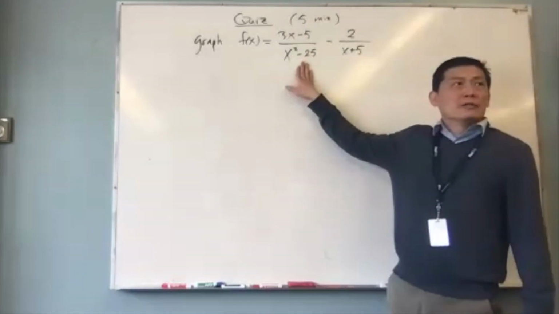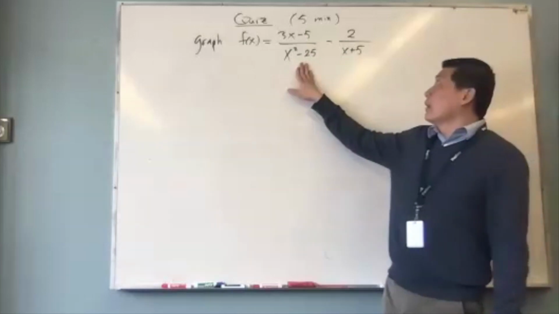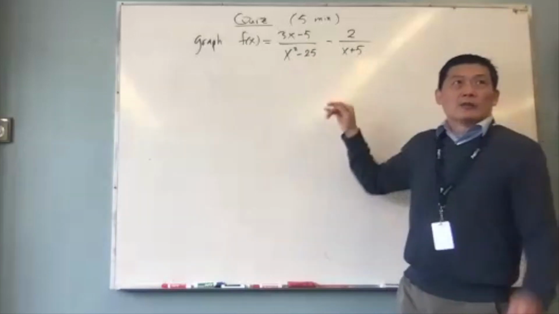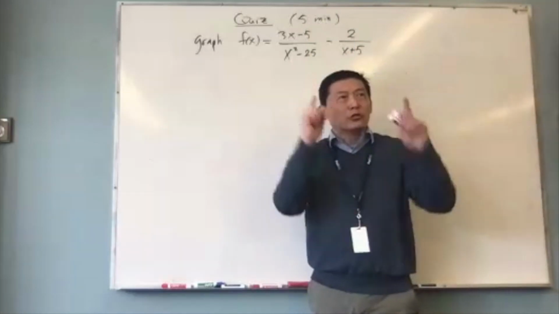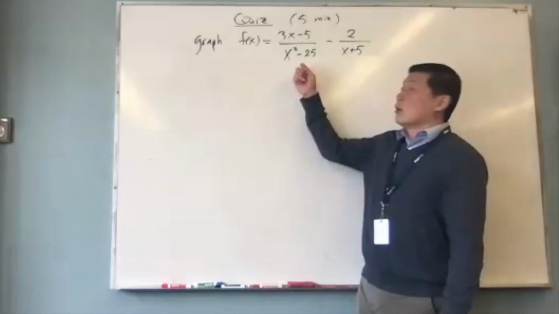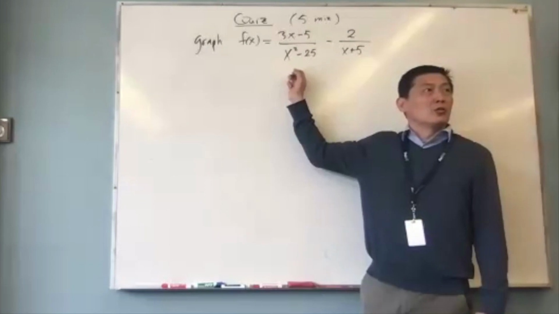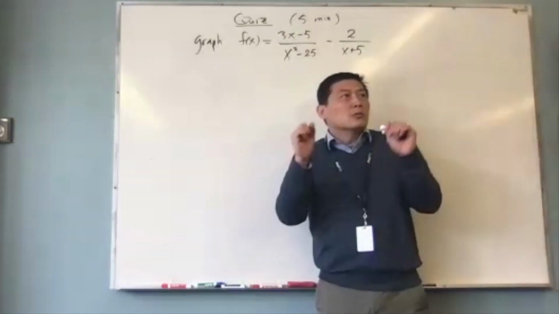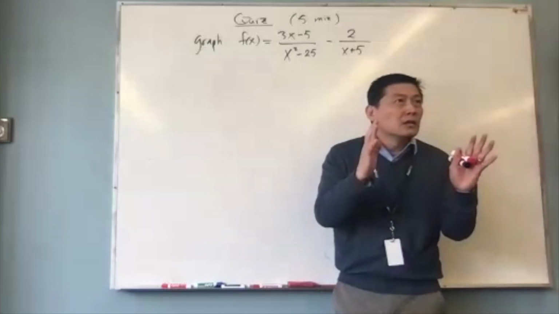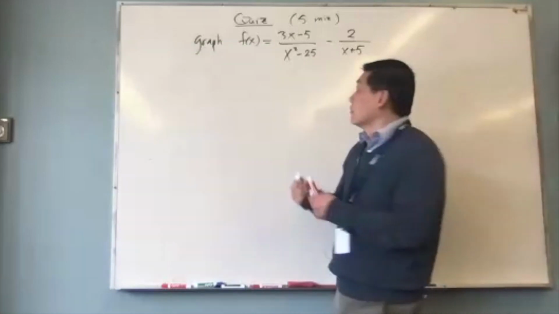Well, the denominator for this one is x squared minus 25. This one is x plus 5. Given enough practice, you should recognize that, wait a minute, x squared minus 25 is essentially x plus 5 times x minus 5, isn't it? Right?